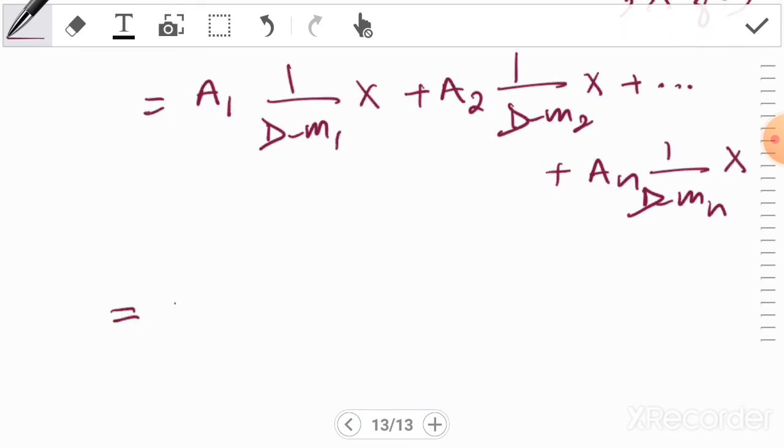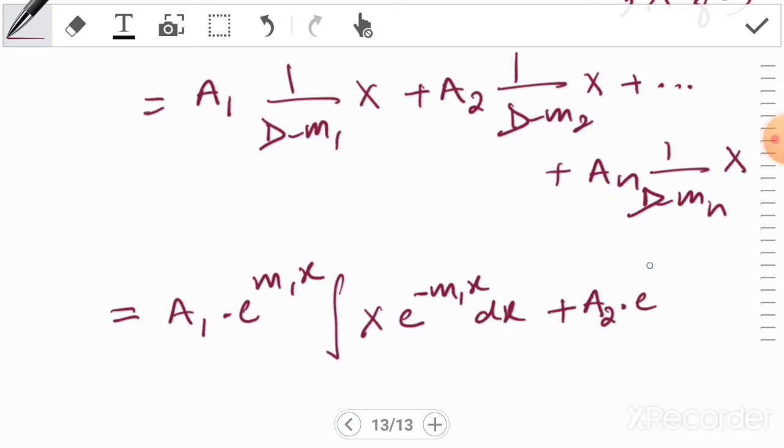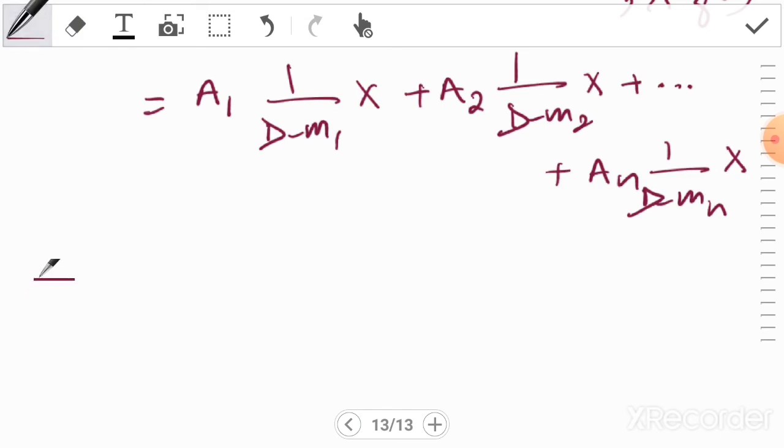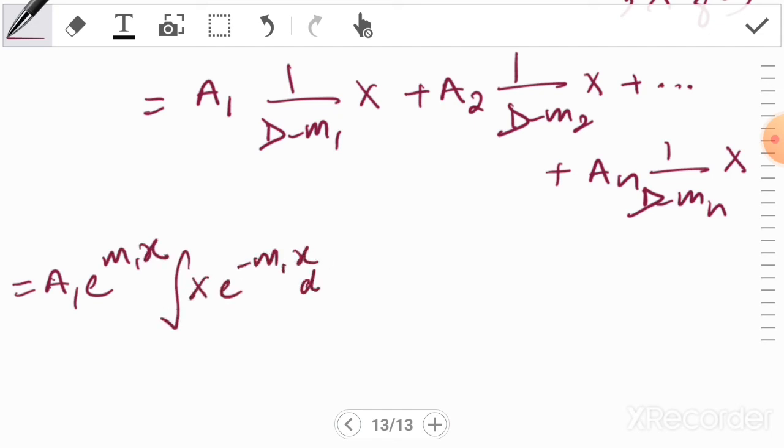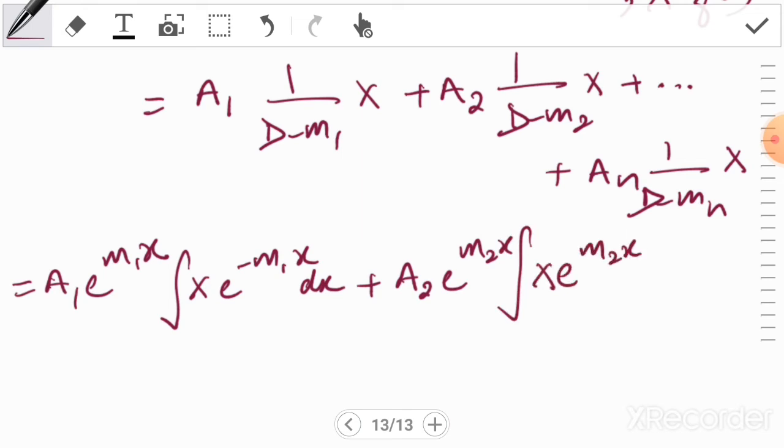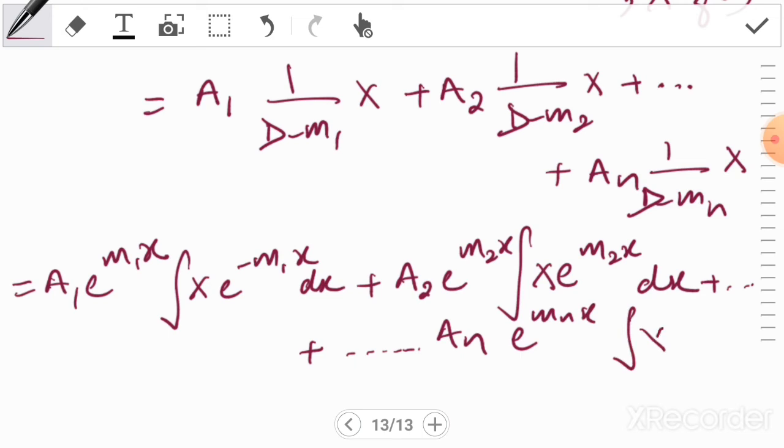Then the particular integral will be equal to A1 e raised to the power m1 x integral x e raised to the power minus m1 x dx plus A2 e raised to the power m2 x integral x e raised to the power minus m2 x dx, and so on, plus An e raised to the power mn x integral x e raised to the power minus mn x dx.